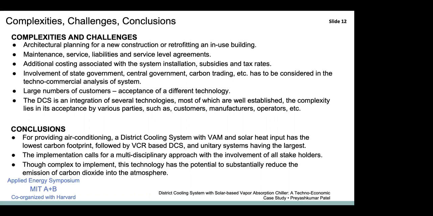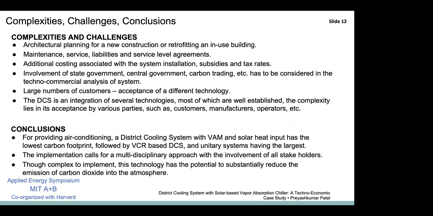Moreover, there can be different additional costs associated with system installation, or there might be some hidden costs as well based on the locations. Even though the project is demanding a high amount of capital cost, there might be some chances for involvement of state or central government.